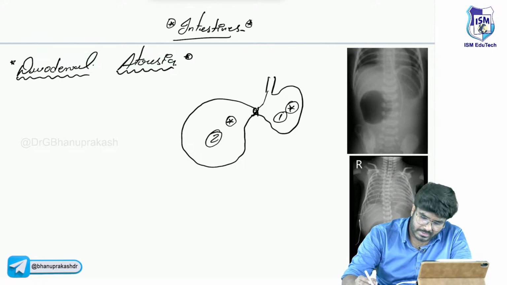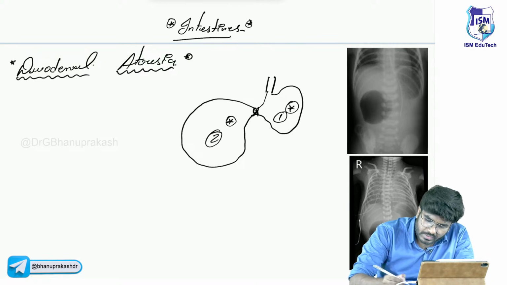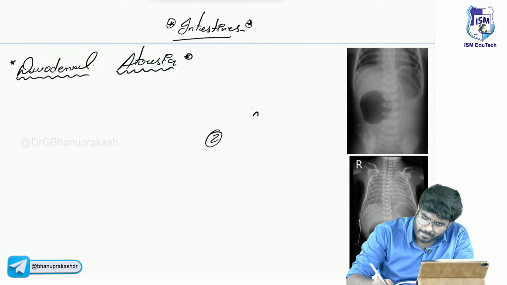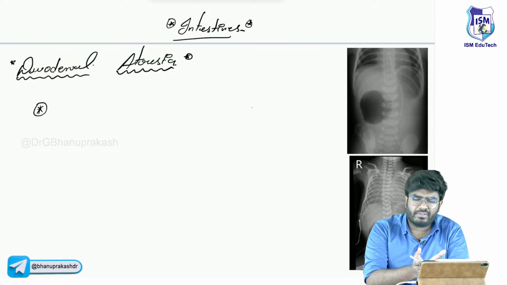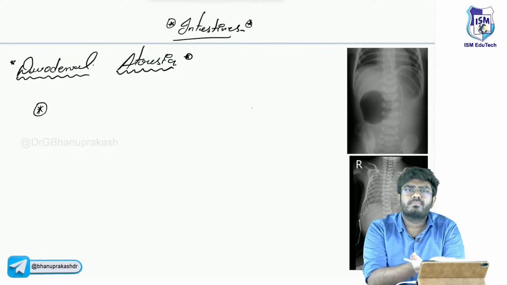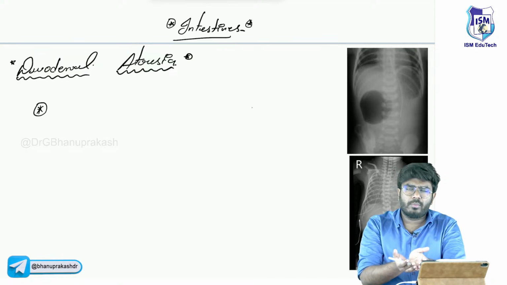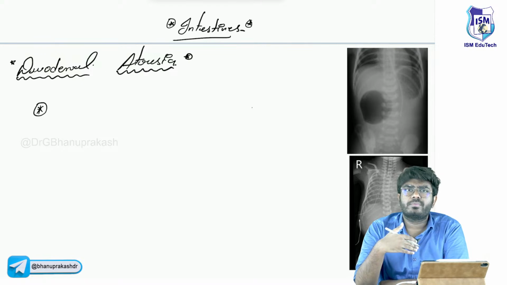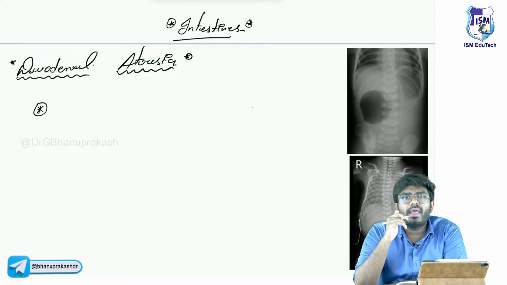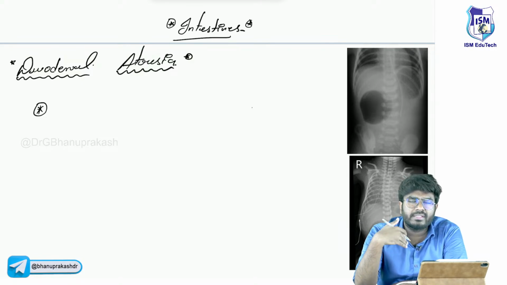So, double bubble appearance. Whoever has this duodenal atresia, what are the clinical features going to be? This is a newborn baby who is taking breastfeeding. Because there is a duodenal atresia, the baby cannot take the milk.